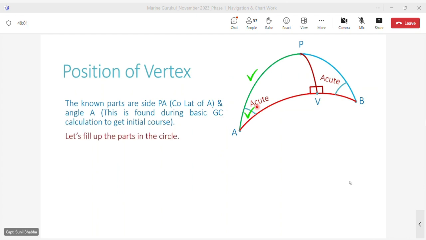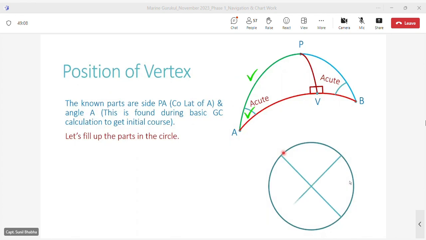Now let's fill up Napier's cartwheel for this right angled special spherical triangle. You can see the cartwheel coming up at the bottom. We have the 5 parts. Bottom 3 parts having 90 degrees minus prefix. The vertex V having 90 degree angle comes on top.